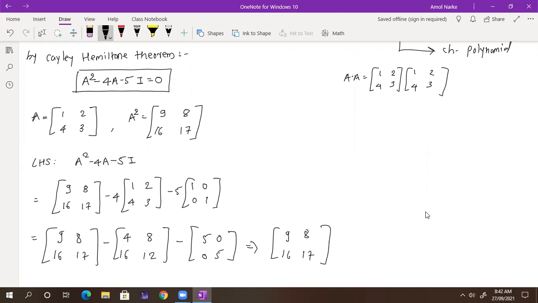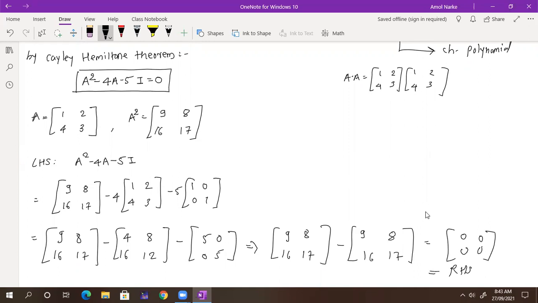So what am I getting here? 9 minus 4 minus 5, I'm getting 0. Here 8 minus 8 minus 0, so I'm getting 0. Here 16 minus 16, and here 17 minus 12 minus 5. So what you are getting? Zero matrix. Yes, that is nothing but your RHS.